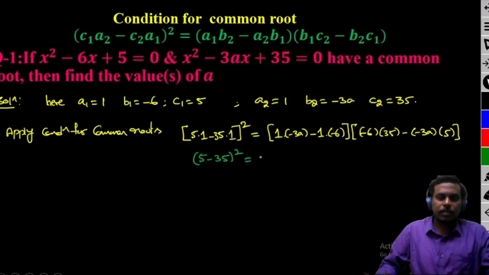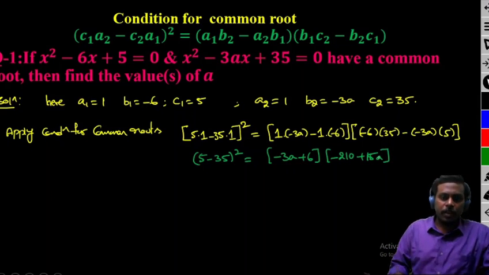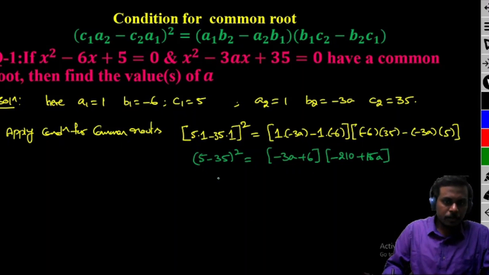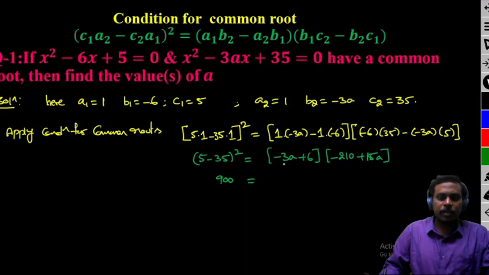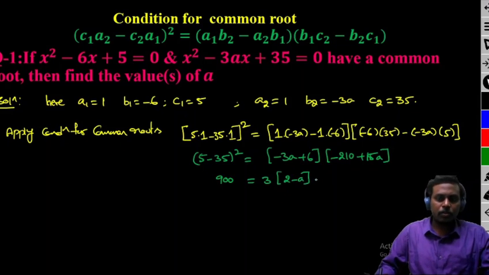Let us simplify this. So this is minus 3a plus 6 into minus 6 into 35 is minus 210 plus 5 into 3a is 15a. Now this value is going to be 300. Now if you observe it, we can take common 3 from both the terms. So this is going to be 3 into 2 minus a.